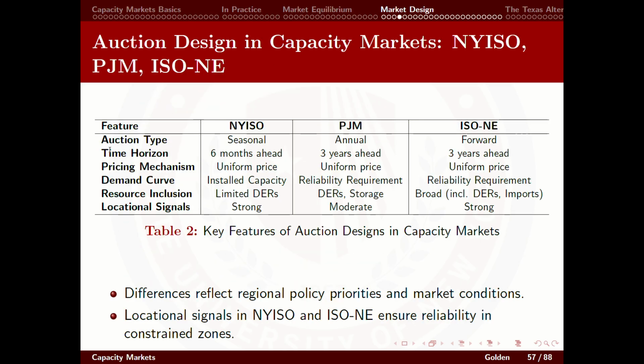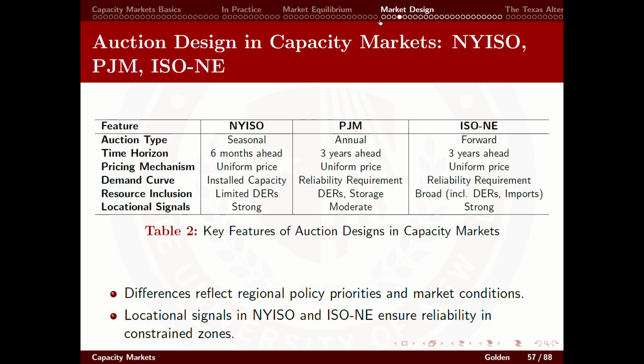So in NYISO, it's a seasonal, very fast auction design, 6 months ahead. With a uniform pricing mechanism, the demand curve is based on installed capacity. There's limited ability to add demand response, and then there's really strong locational signals.